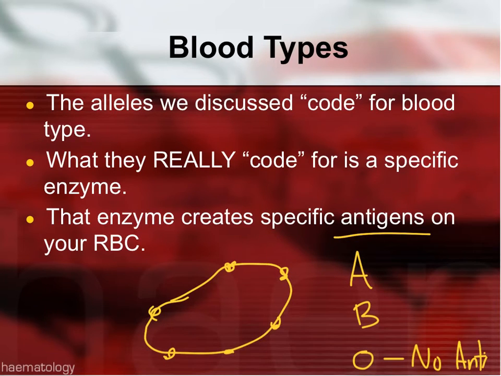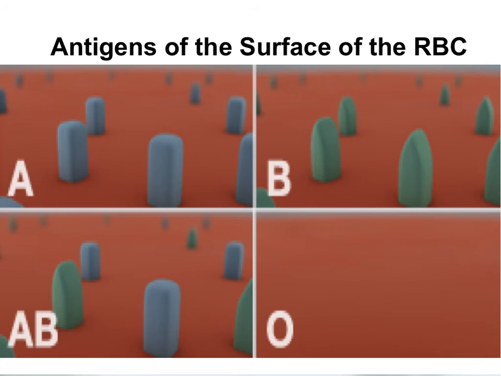If you're type B, you're going to have the B antigen. If you're type O, you're going to have no antigens. What do you think you have if you're type AB? If you need to, pause the video, but if you're type AB, you actually have both the A and the B antigens.